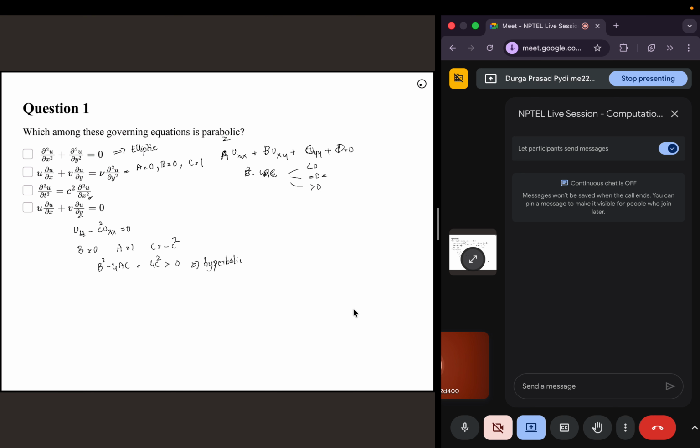So b and a are 0. So b square minus 4ac is 0. So this is parabolic. The only problem here is this equation is actually not linear. But here also, we have b equal to 0, a equal to 0, c equal to 0. This is not second order actually. So we are not actually discussing this set of equations in this class, in these sessions.